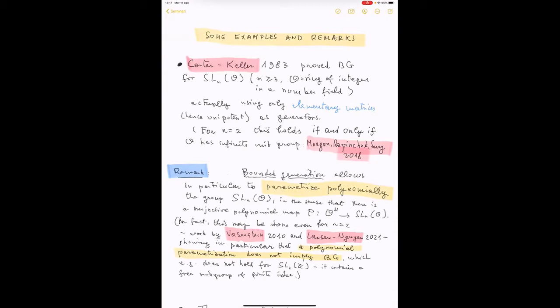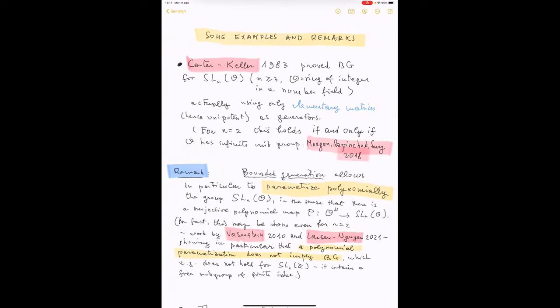And this holds for n at least 3. Actually, they proved bounded generation by elementary matrices, which are matrices with ones on the diagonal and just one other entry being nonzero, so in particular unipotent matrices.